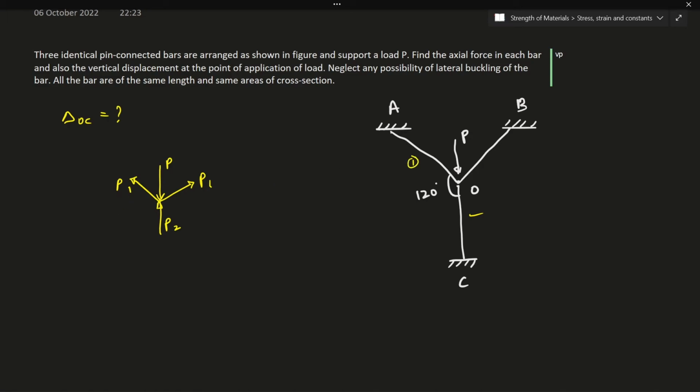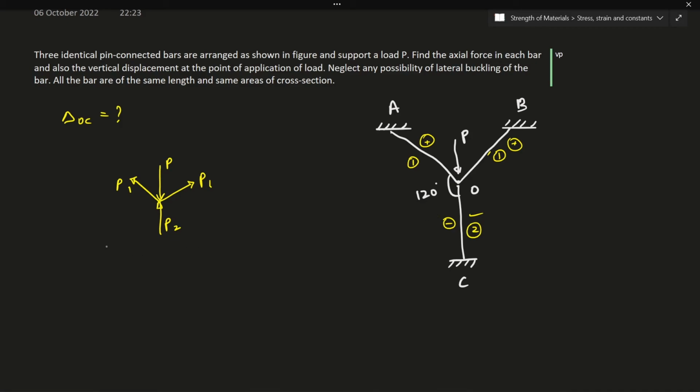I'll call these 1, 1, and 2. What exactly is happening here? The members OB and OA are both in tension, I'll call it plus, and OC will be in compression. That is why I've called these P1 and P1, and this P2.